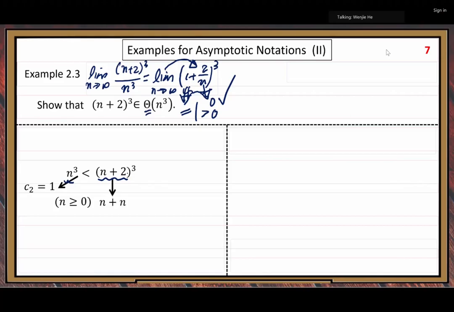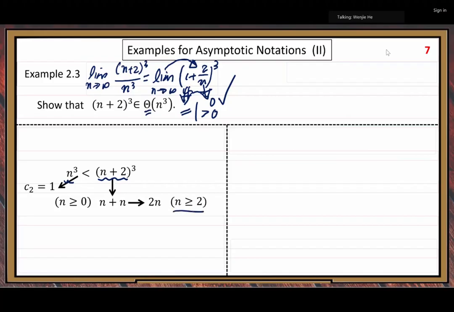So we replace 2 by n, and n plus n is greater than or equal to n plus 2, so we need to put a condition. The condition is n greater than or equal to 2.